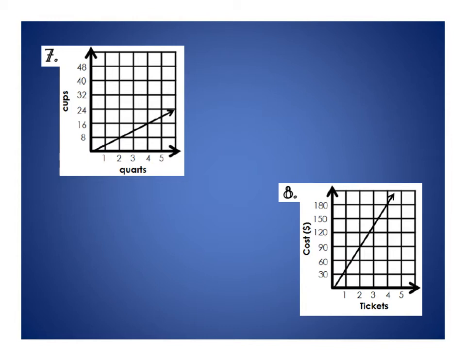And for here, it's not as easy to find. On this one, I know exactly where a point is here. It's at 2, 8. Okay? So that would be 8 cups for every 2 quarts. We want to know how many cups in 1 quart.